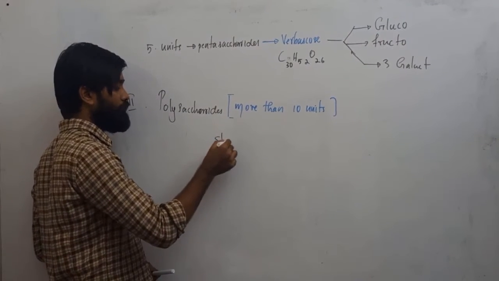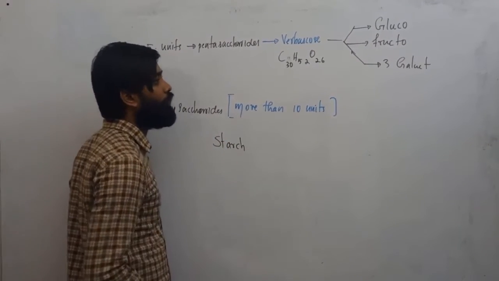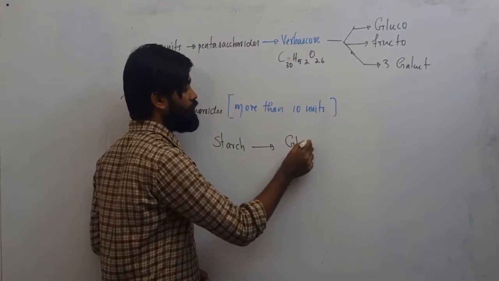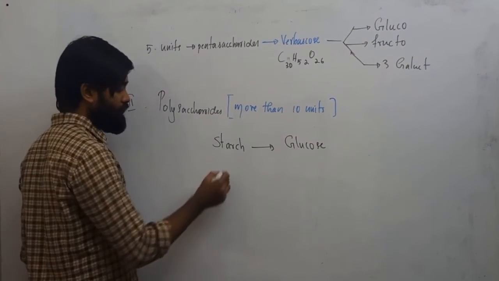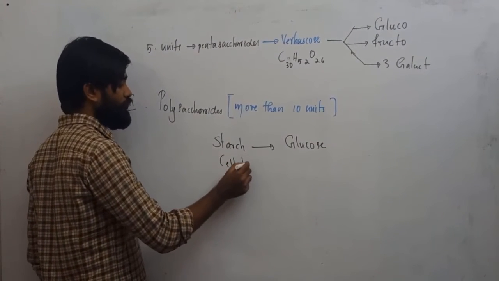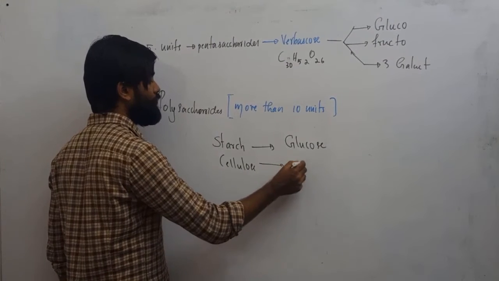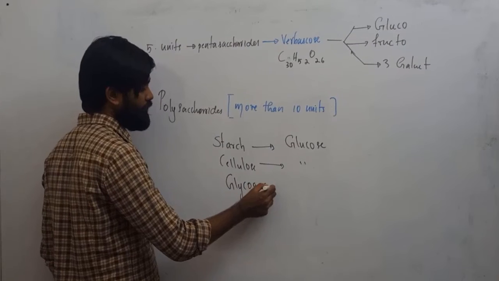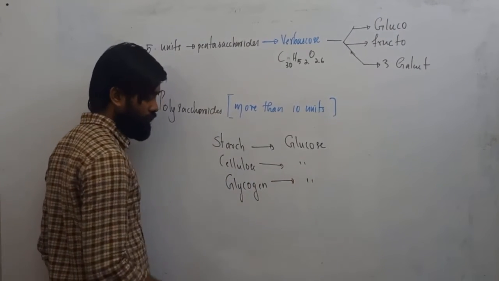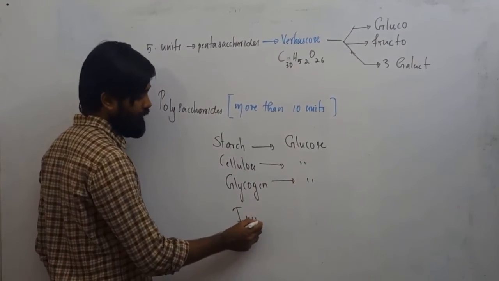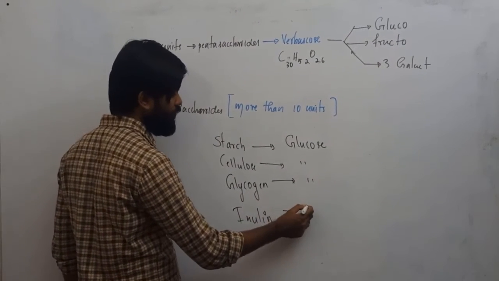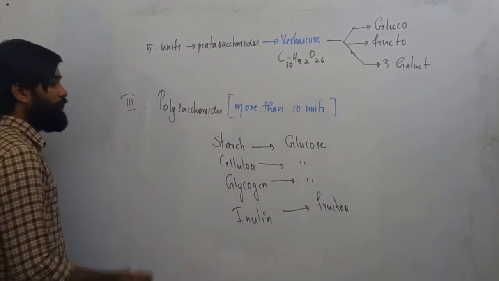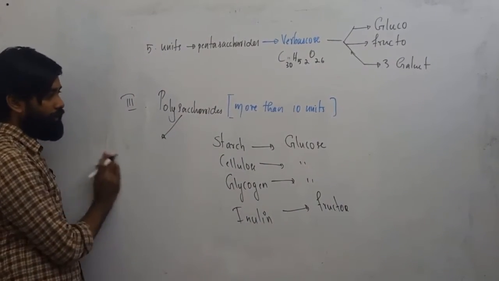Examples are starch, which has the monosaccharide unit glucose. The next is cellulose, which also has glucose. Next is glycogen, which also has glucose. The next is inulin. Inulin is the source of fructose.